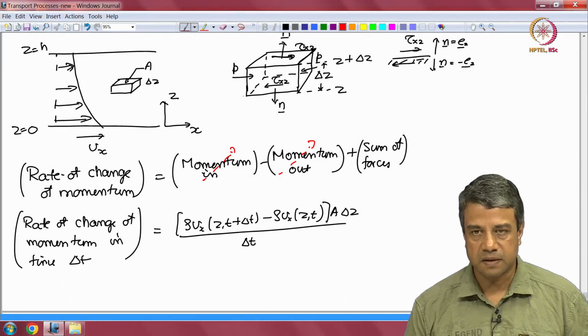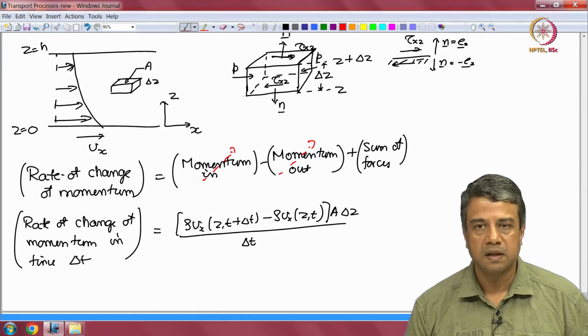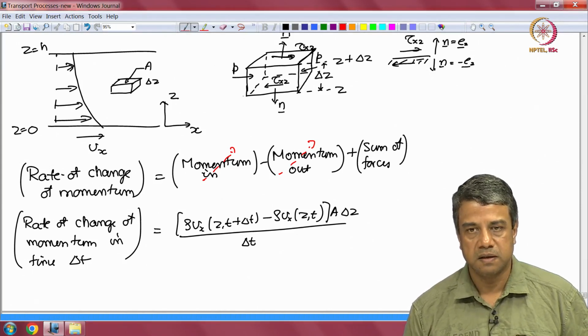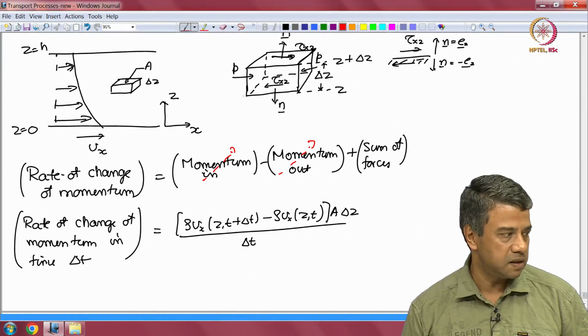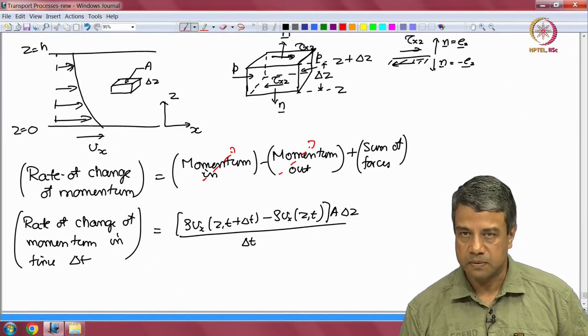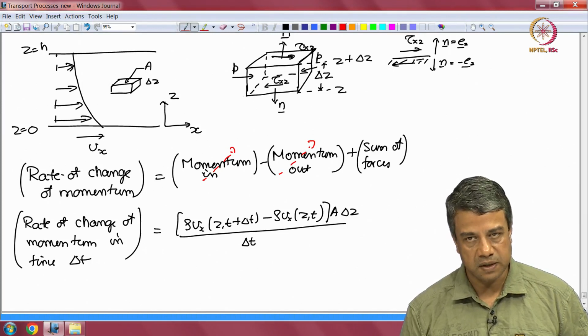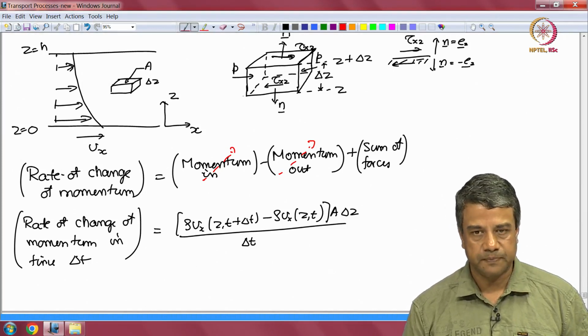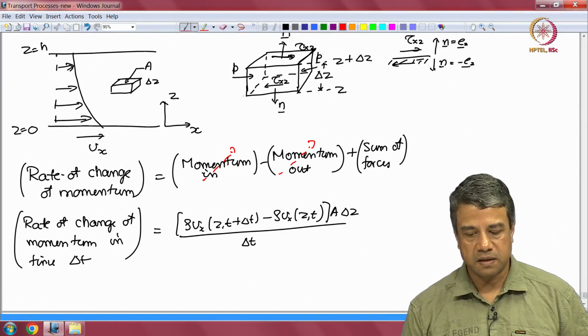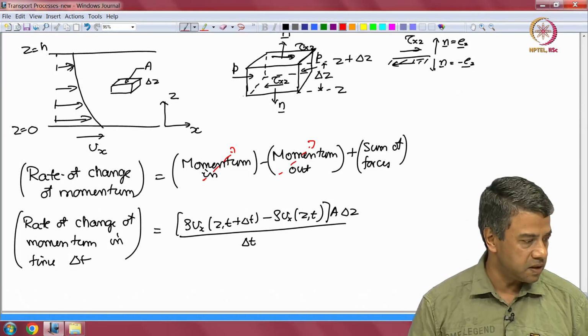For this particular conservation equation, I will assume that there is no pressure variation in the x direction. So, the pressure on the left face and on the right face will be equal, surface areas are equal, and therefore the forces are also equal, and these two cancel out. What we are left with is the forces exerted on the top and bottom due to the shear stress.